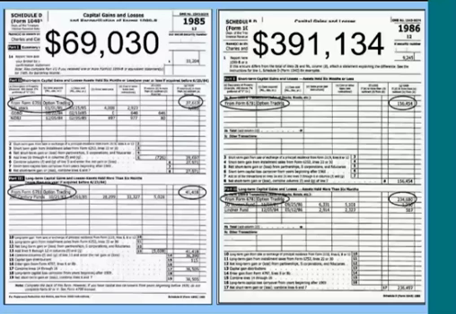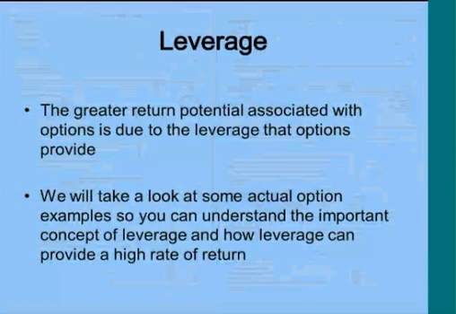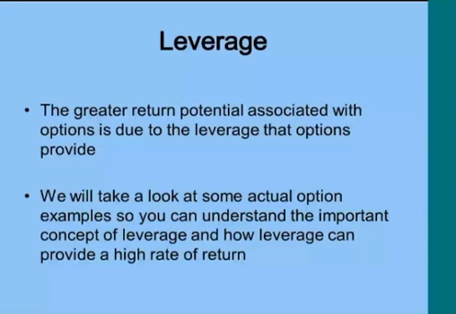These are copies of my tax returns. The reason you can start small with options is because of the leverage that options provide. And I'll show you some examples of option trades that I took so you can understand this concept of leverage.